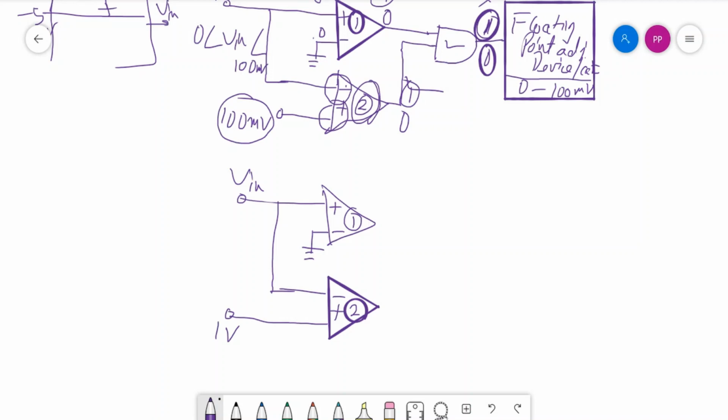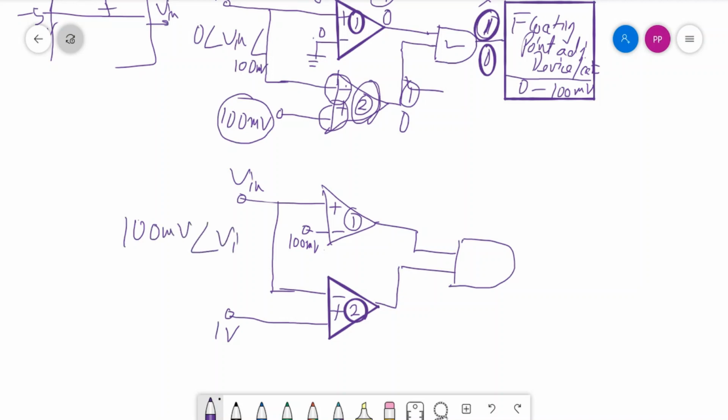This input is actually your 100 millivolt. So again we can see that this combination will sense for input in the range of 100 millivolt to 1 volt.